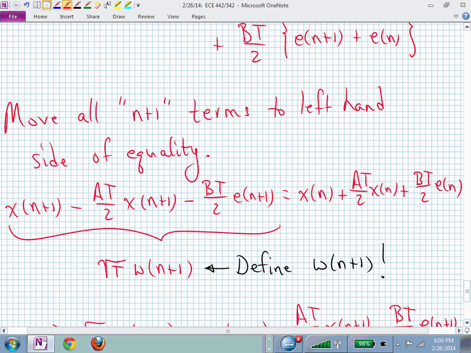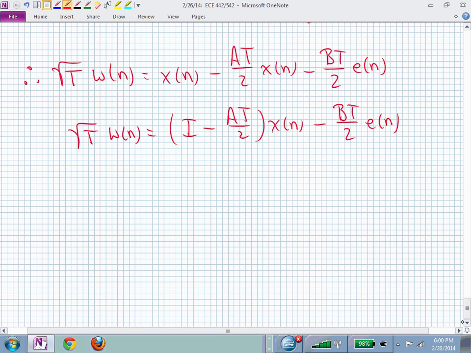Here's w of n plus 1. If I could rewrite this x of n in terms of w of n and e of n, I would have just w's and e's, and I wouldn't have three different variables. Meaning, this left-hand side, square root of t w of n plus 1, is equal to some linear combination of x and e. But I now have a way of rewriting x in terms of w and e if I pre-multiply all three of those terms by the inverse of I minus at over 2.